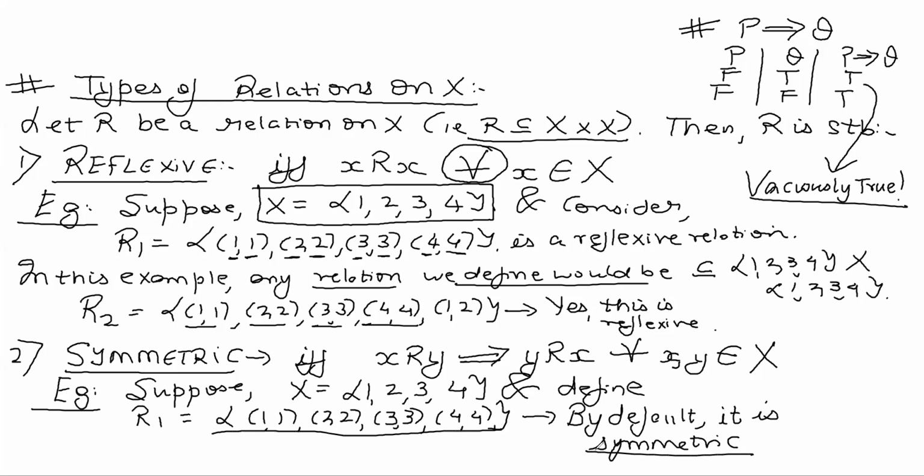It will not be symmetric if (1, 2) belongs, but (2, 1) does not belong. But here (1, 2) itself is not there. The hypothesis itself is false. x is not related to y anywhere. x is related to itself only. So if the hypothesis itself is false, we don't need to worry about the conclusion. The statement will be true. That means this is symmetric. I hope all students have understood this. This is by default symmetric.